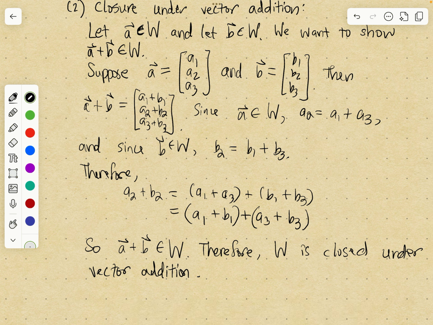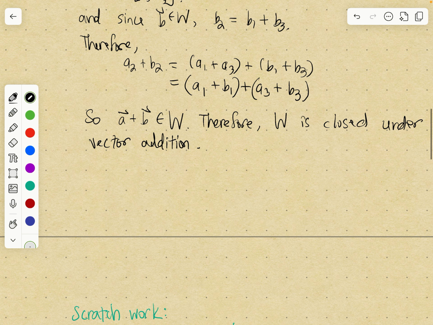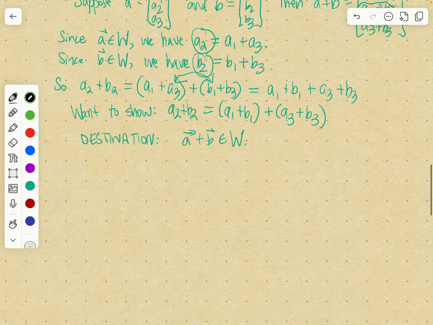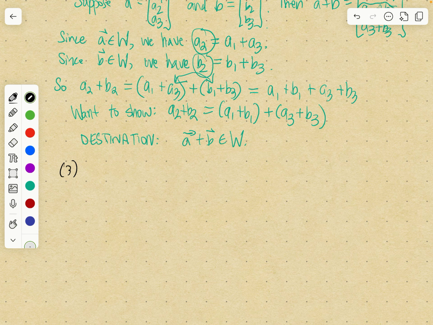It takes a while to get used to this if you're new to proofs, but once you're familiar with proofs, it's easy. Okay, so the last thing is closure under scalar multiplication.